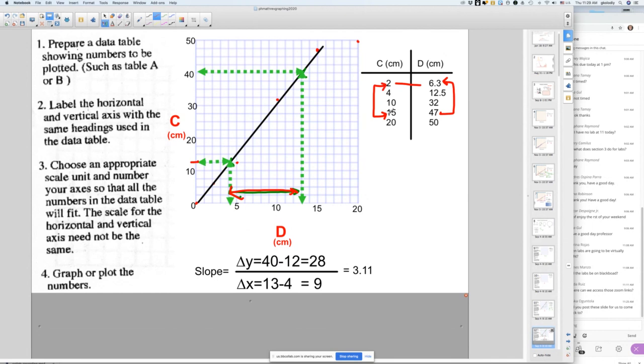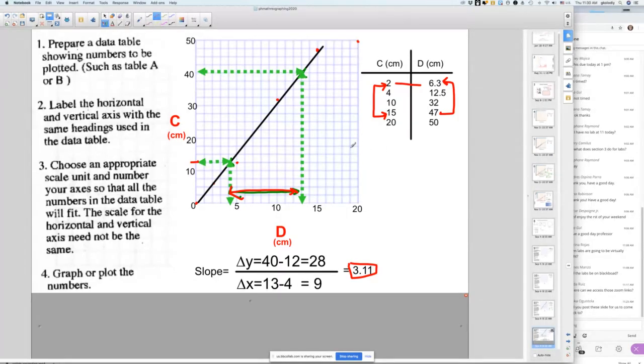Even though it's not absolutely wrong, it's not the best way to get the closest results. You find the slope using the line, not the points, because the points could be off, like this one here. So it turns out that the slope is 3.11.